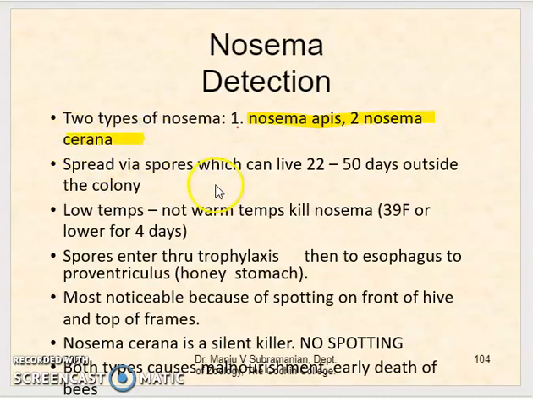These are spread by spores, which can live between 22 to 50 days outside the colony. They are seen in low temperatures, and warm temperature kills the Nosema. The spores enter through trophallaxis, and reach the esophagus and up to the honey stomach.